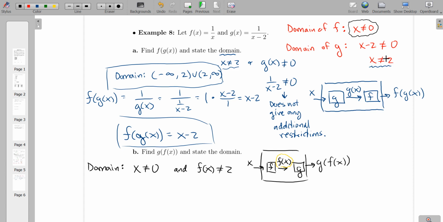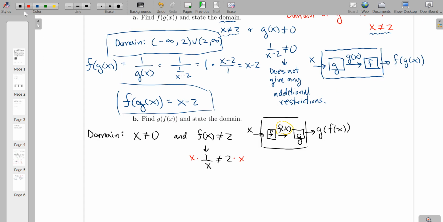So I'm literally just taking this statement here and replacing x with f of x. Now f of x, that's 1 over x. And then I can go ahead and multiply by x on both sides. So I end up with 1 is not equal to 2x. So then dividing by 2 on both sides tells me that x should not be a half.